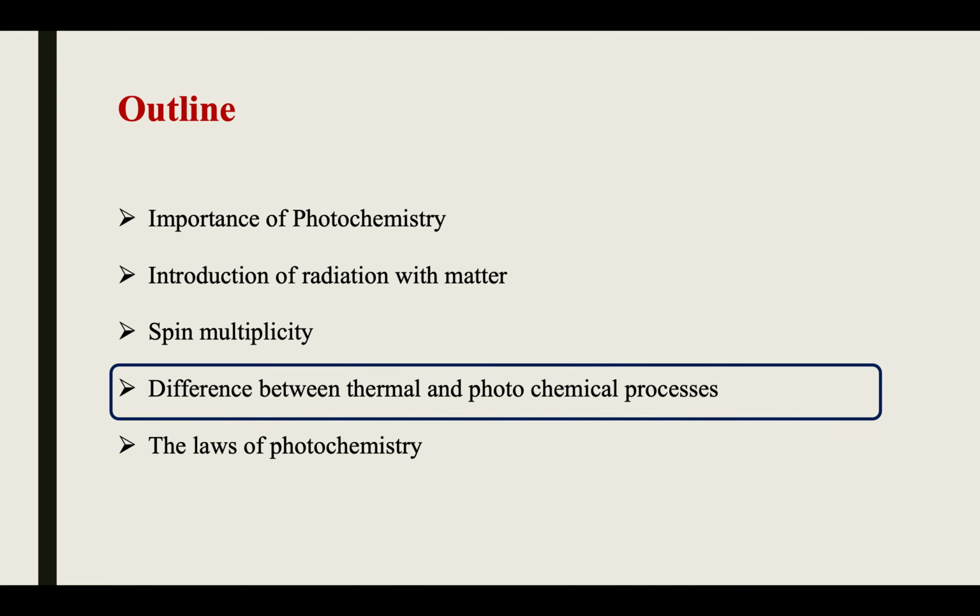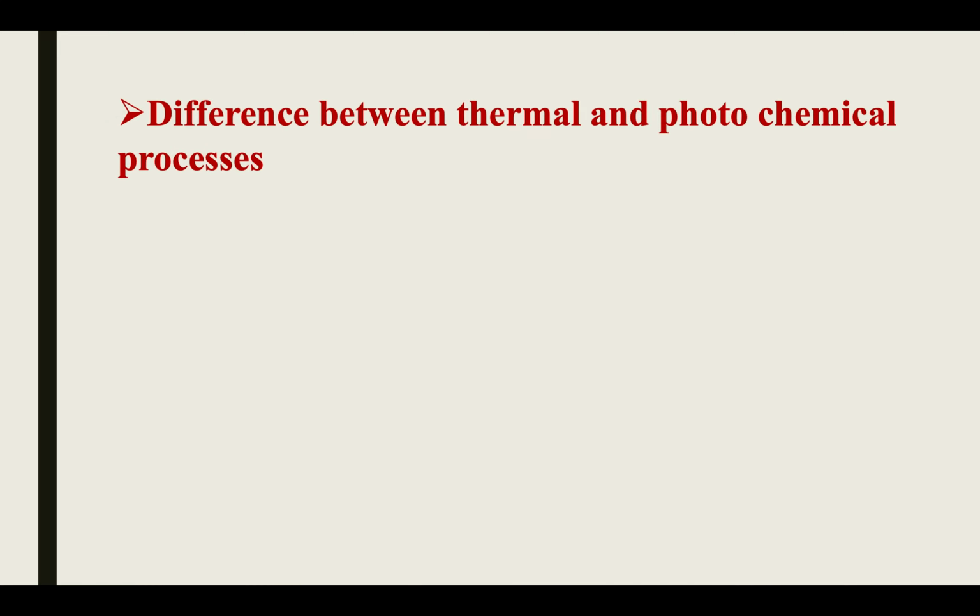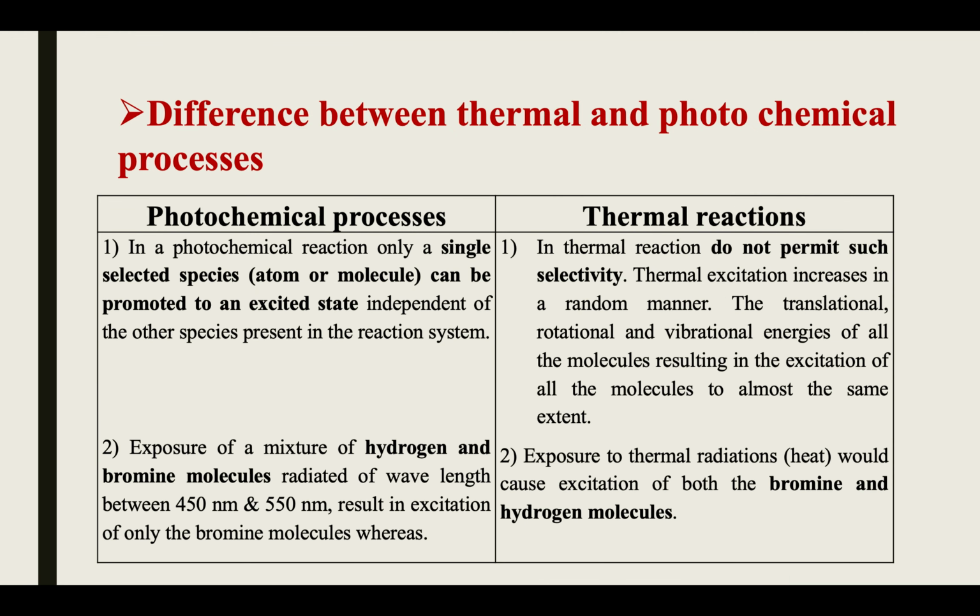Now we will see the difference between thermal and photochemical processes. As the word suggests, thermal means we have to provide heat for any reaction to occur. And photochemical processes mean that for any reaction to happen, we have to irradiate with photon energy, which has h nu, which is related to photon energy.